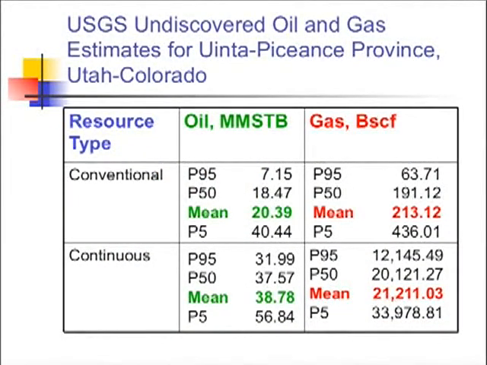Focus on this continuous gas number. Notice the spread between the 95% probability number and the 5% probability number. A spread from 12 to about 34 trillion cubic feet. For something as poorly described, as unknown as this is, that's not a very large spread between what's going to occur with high probability and what might occur if everything goes well.